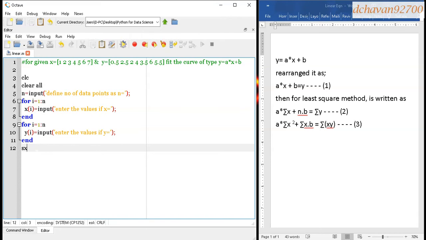We define sx. We use s because we are not able to type the summation sign, so instead of the summation sign we use s. So sx equals 0.